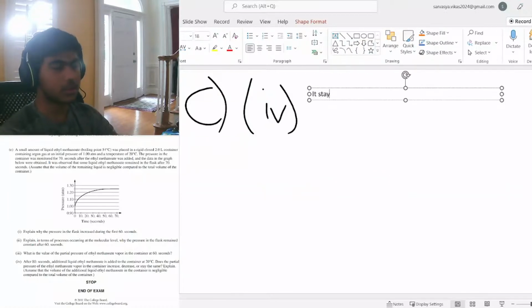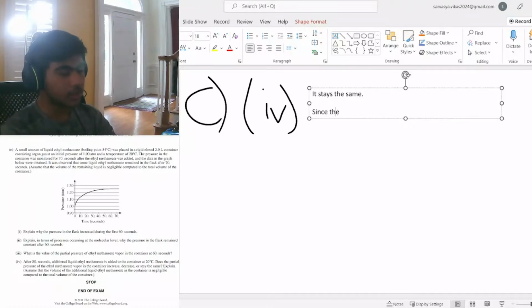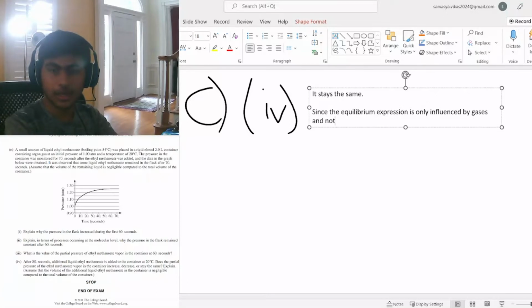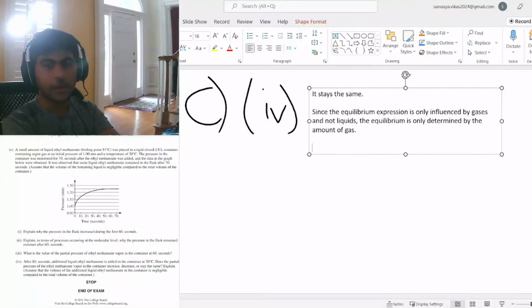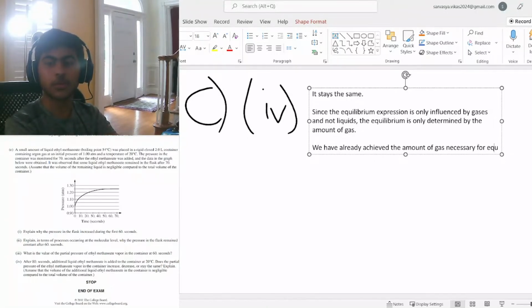Our explanation: since the equilibrium expression is only influenced by gases and not liquids, the equilibrium is only determined by the amount of gas. We have already achieved the amount of gas necessary for equilibrium.